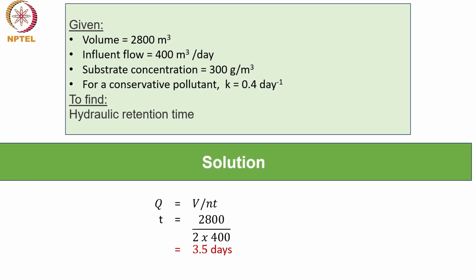Let's say the total volume of both the tanks is 2800, and the inflow rate is 400 meter cube per day. I think it would be considered as one reactor, so the retention time would be 7 days.